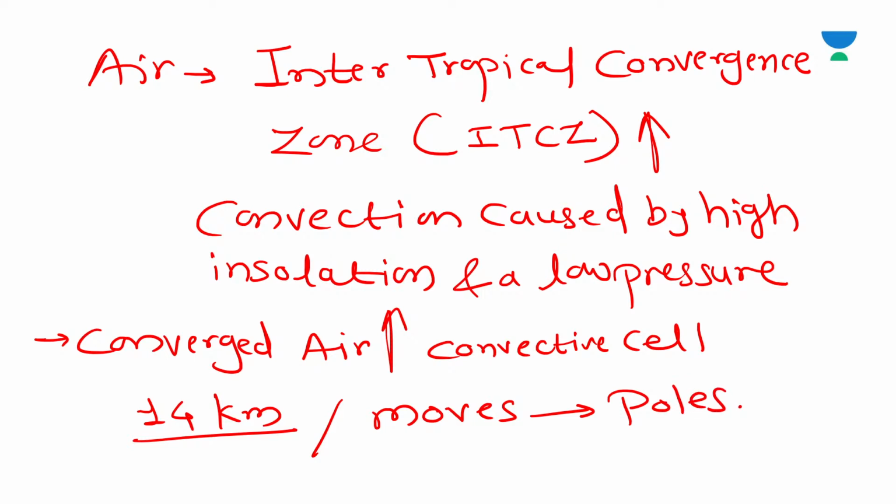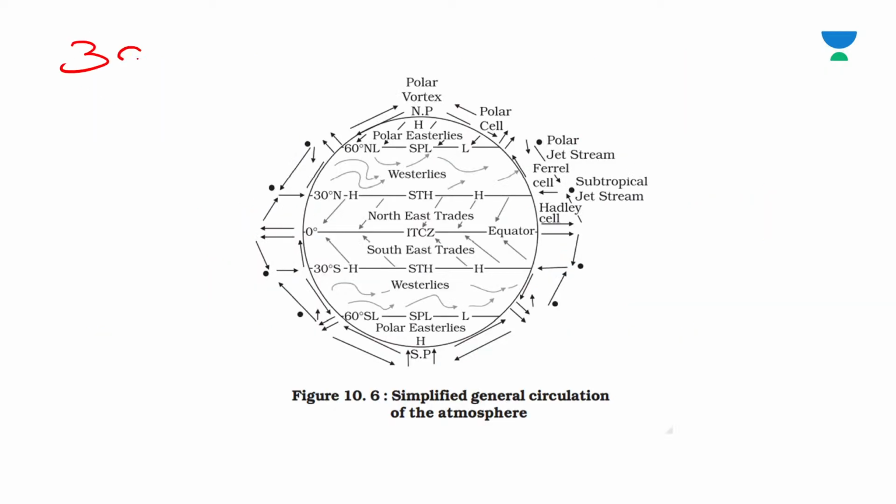Now, friends, this causes accumulation of air at about 30 degrees north and south.